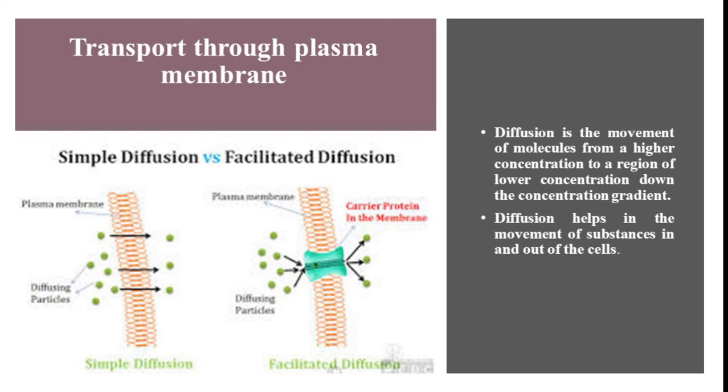It is simple diffusion and it comes under passive transport. While facilitated diffusion is when the molecules move against the concentration gradient, that is from lower concentration to higher concentration, with the help of energy and surface protein. Okay, and it comes under active transport, right?